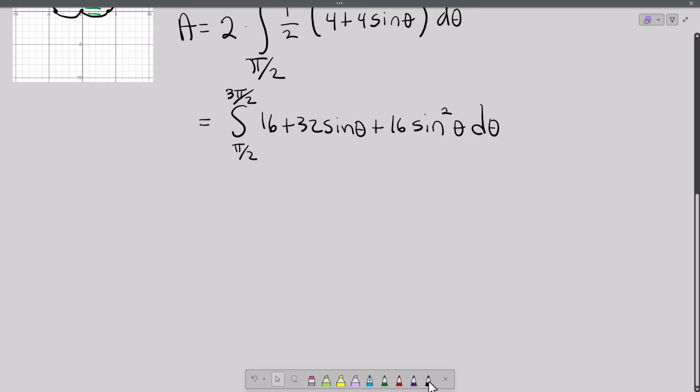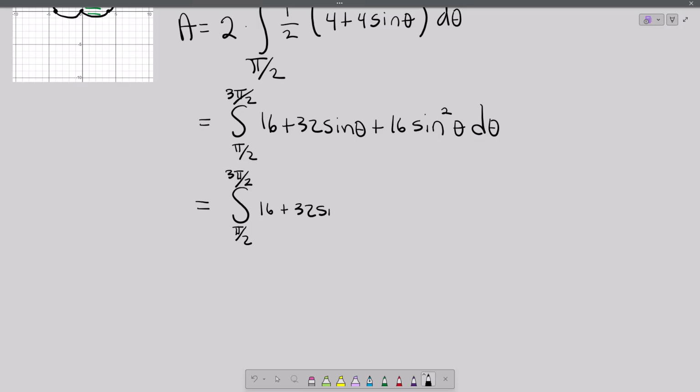Okay. Power reduction. Anytime we have a sine squared or a cosine squared, we need to power reduce in order to integrate. So let's do our power reduction identity for that sine squared piece of this. The power reduction is going to give us 1/2, so that's going to turn that into an 8, times 1 minus cosine of 2 theta.